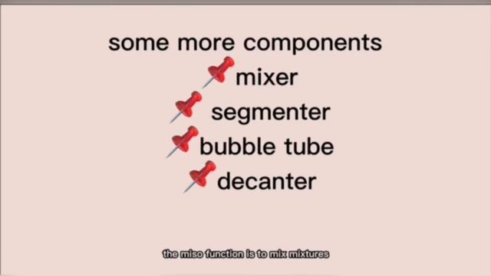The mixer's function is to mix mixtures to become a homogeneous mixture. Next, the bubble tube carries out gas-liquid and gas-solid-liquid reactions in a variety of important industrial reactions. Lastly, we have the decanter. The decanter will separate solid materials from liquid in slurry.